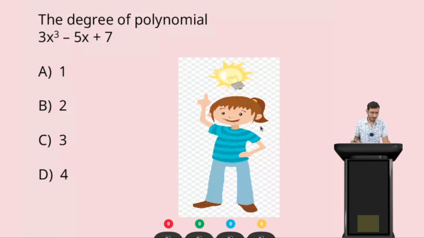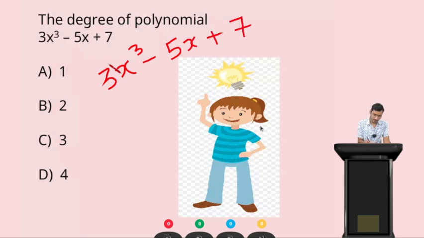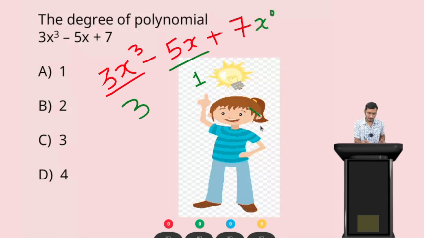The right answer: the polynomial is 3x cube minus 5x plus 7. The highest power in the first term is 3. In the second term the power of the variable x is 1, and in the third term the highest power is 0.